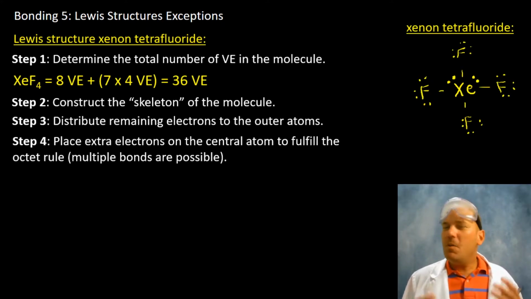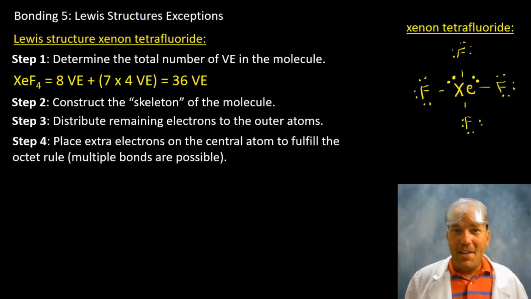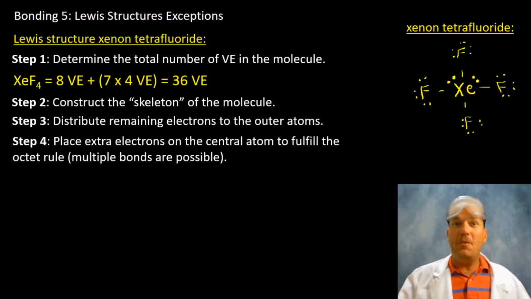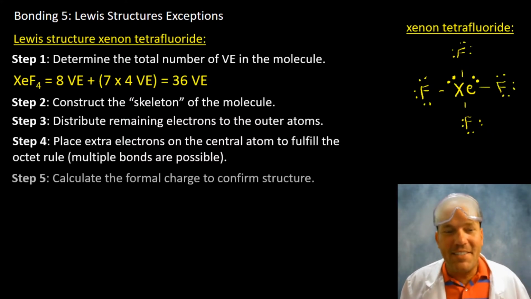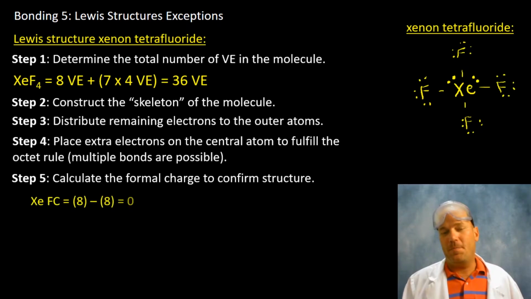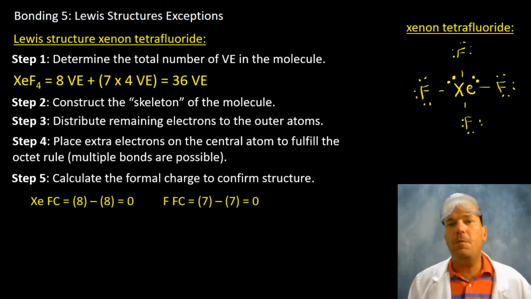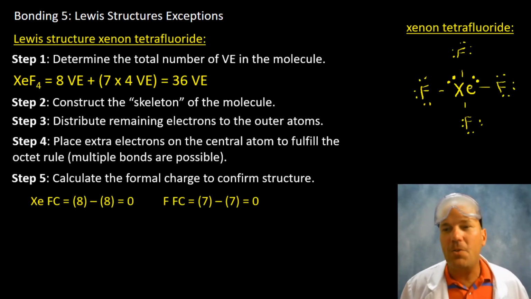And you might be thinking, what are you doing, Mr. Peterson? Now, all of a sudden, you're showing xenon has 12 electrons, all right? 4 more than a full octet, and that's exactly what I'm telling you. Let's look at formal charges here. 0 for the xenon, 0 for all the fluorines associated with it, all right?